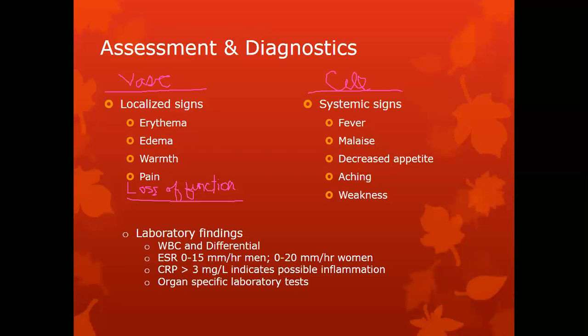Anything over 3 could indicate an inflammatory response. Typically you will see CRP used more frequently. It's a better indicator of inflammation than the ESR. It's more sensitive and responds more quickly to changes in the clinical setting.